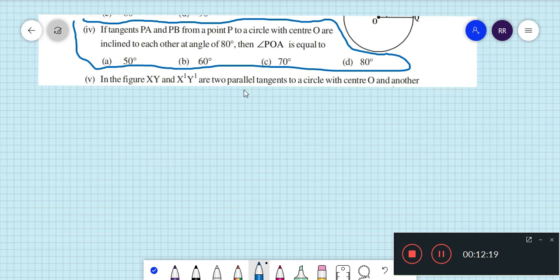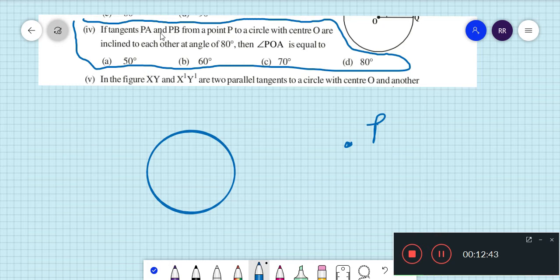Like this, you see, this is the circle. For this circle, one point is here. This is point P.